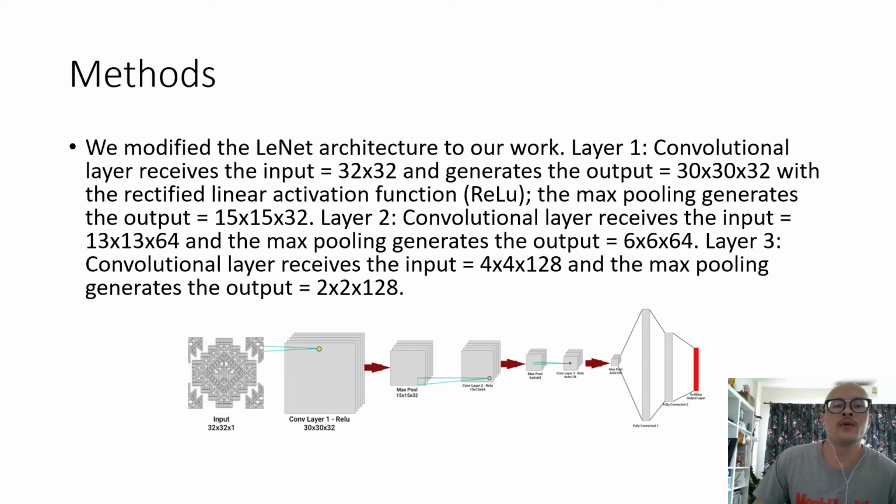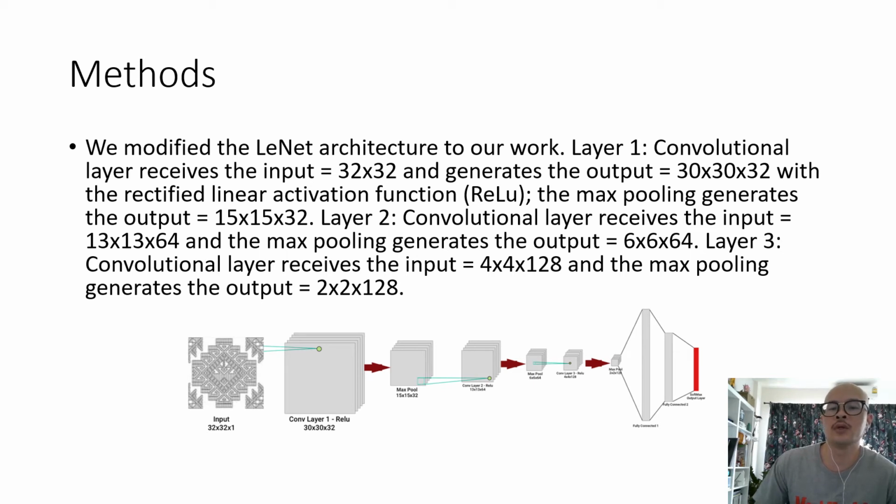After that, we train the dataset using the learned architecture in our work. Our architecture has 3 layers. Layer 1 is CNN. This layer receives the input of 92 by 92 and generates the output of 30 by 30 by 32 with the ReLU function. The max pooling generates the output of 15 by 15 by 32.